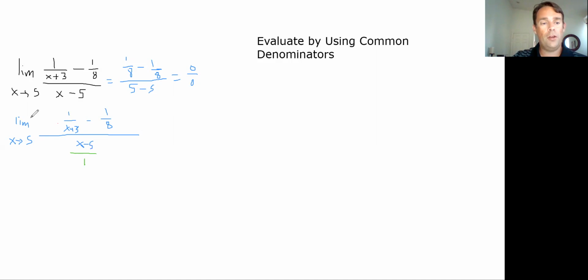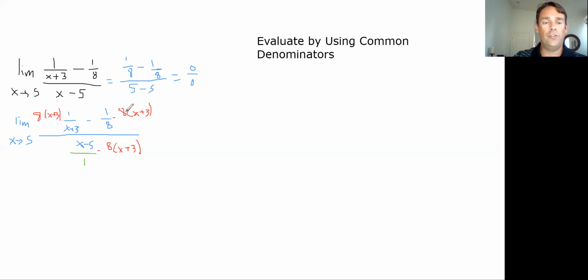So we're going to multiply by 8 and x plus 3. There it is. And we're going to multiply this one right here by 8 and x plus 3. And last and certainly not least, we'll multiply this by 8 and x plus 3.